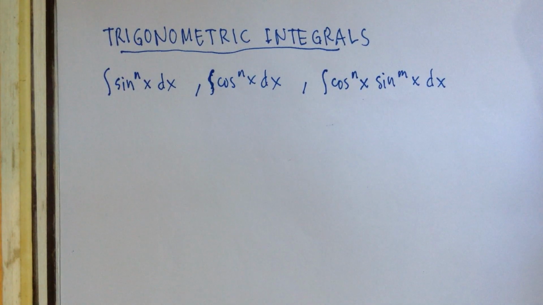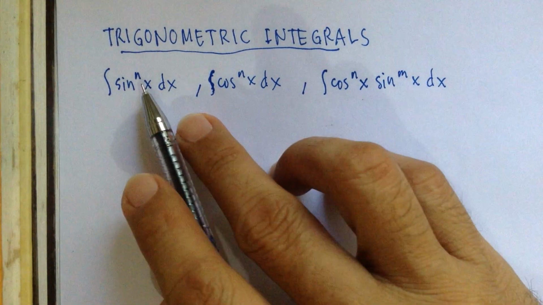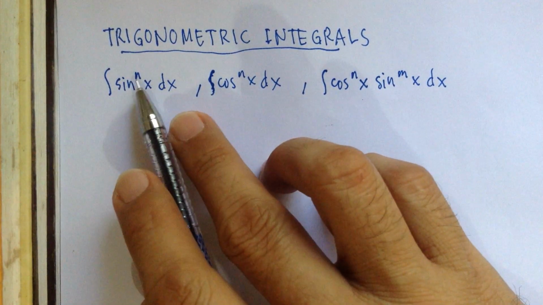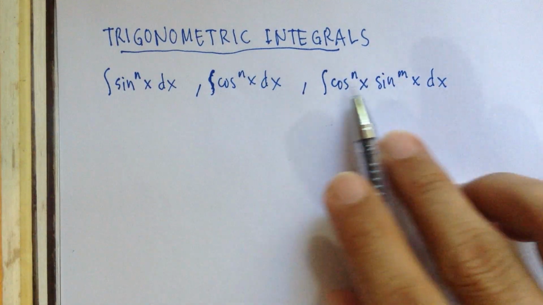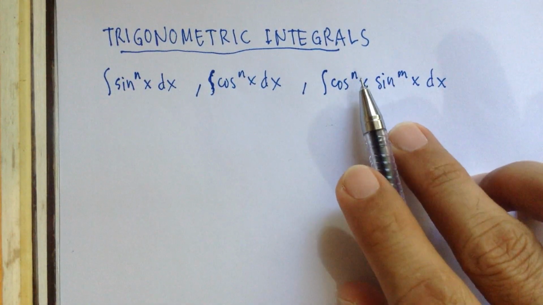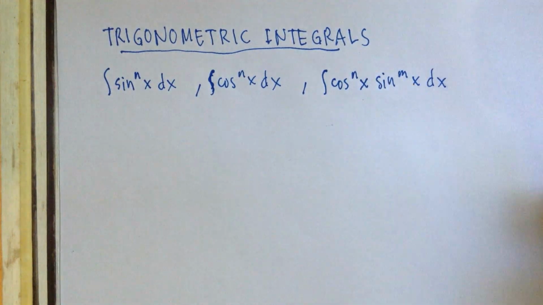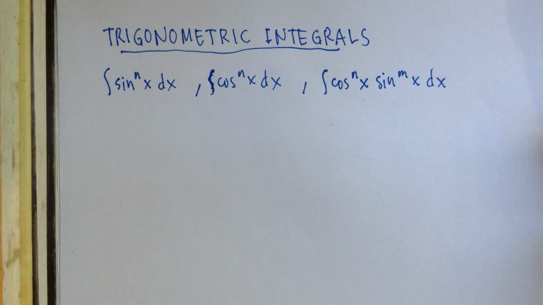We will consider the case first where this n here is odd, or whenever we have this form, either n or m is an odd integer.